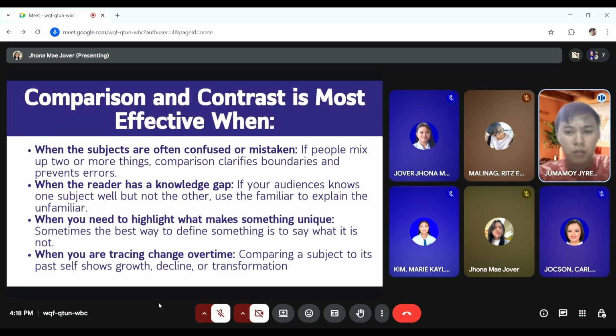In English, some terms are mistaken for each other. Comparisons help clarify their boundaries. For example, students often confuse phonetics and phonology. Phonetics studies the physical production and sound of speech, while phonology studies how sounds function within a language system.